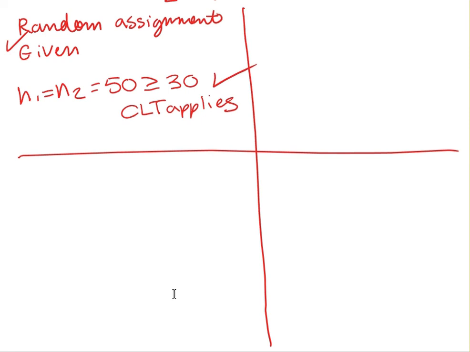Now we want to define the parameters we're interested in here. So here I'm going to say mean.